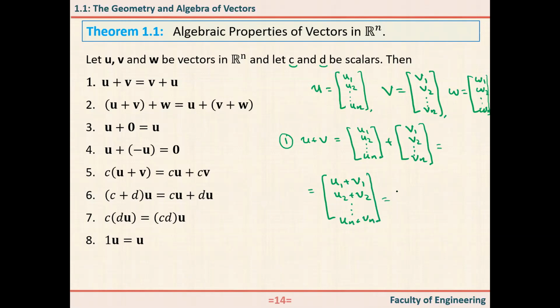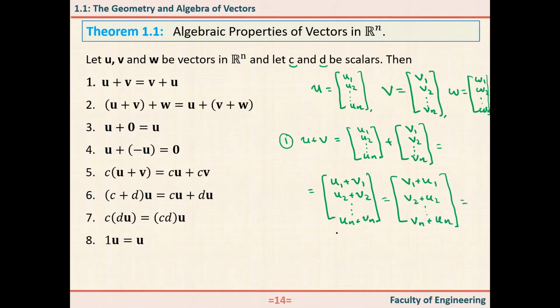which is equal to, by using the property of real numbers, I can write it as v1 plus u1, because these are real numbers, a plus b equals b plus a. So here we have v2 plus u2, dot, dot, dot, vn plus un.